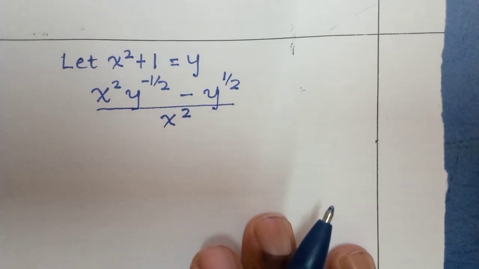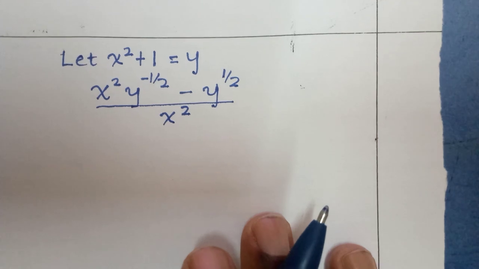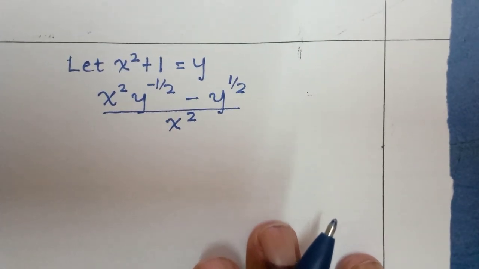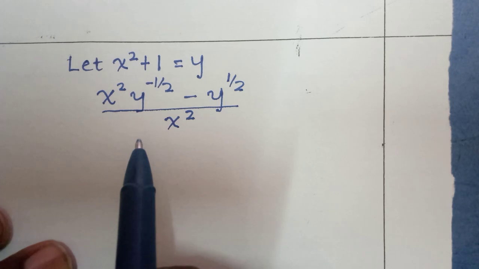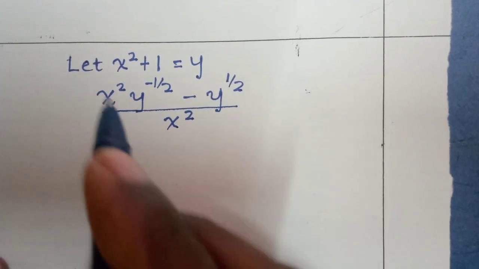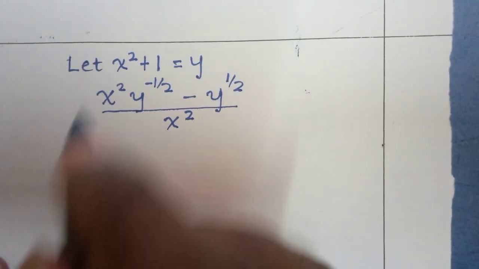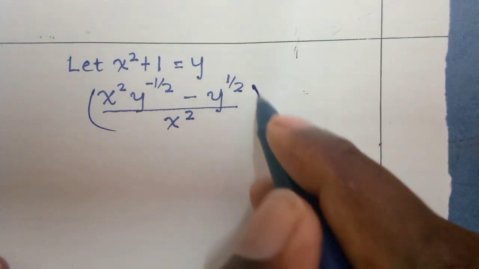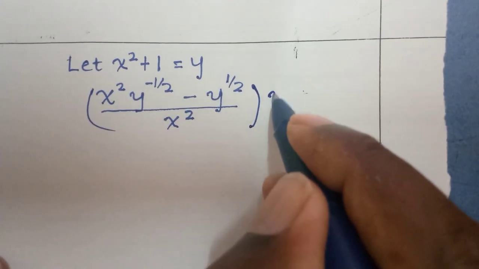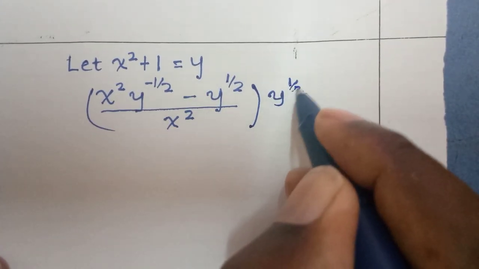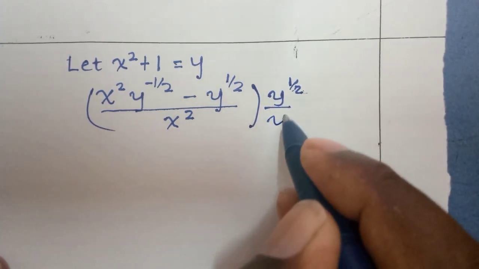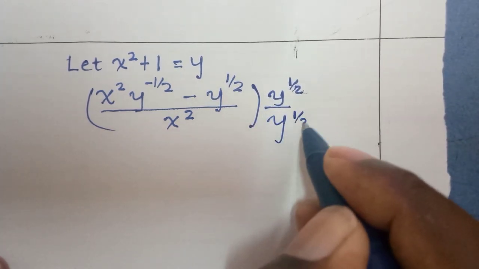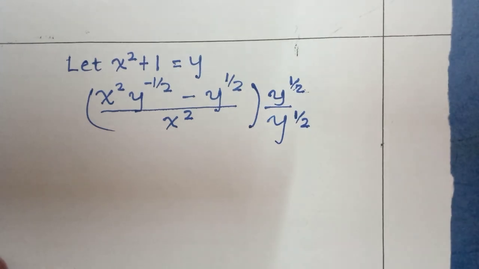So now from there, guys, we are going to simplify this. I can multiply by y raised to a half for the numerator and also for the denominator, so that I don't change anything in the question.